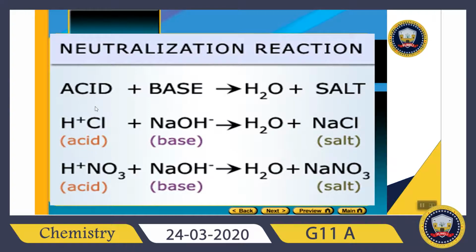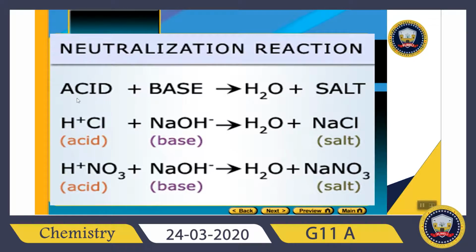So here we have case 1 and case 2. Case 1, strong acid and strong base. The products will be neutral, so there is no change in the pH. Weak acid and weak base, also no change in the pH. But if we react weak acid with strong base, what will happen?